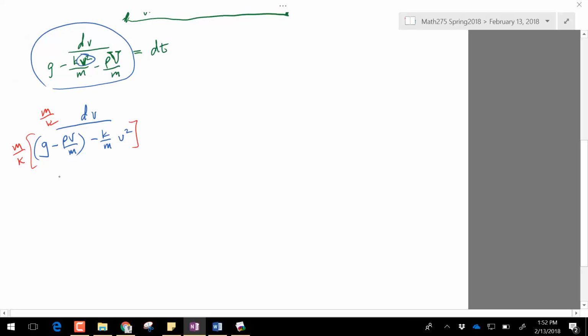So if we do that, I have m over k dv over, so I have m over k times g minus rho capital V over m, and minus v squared. Right?